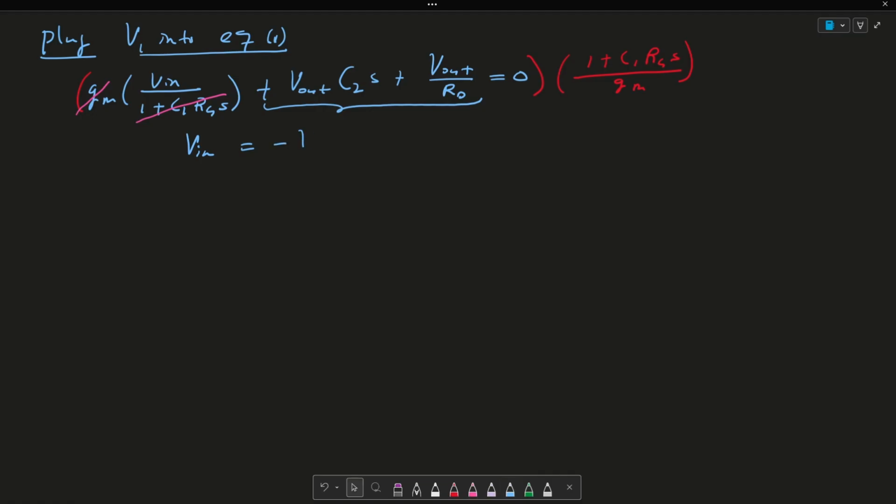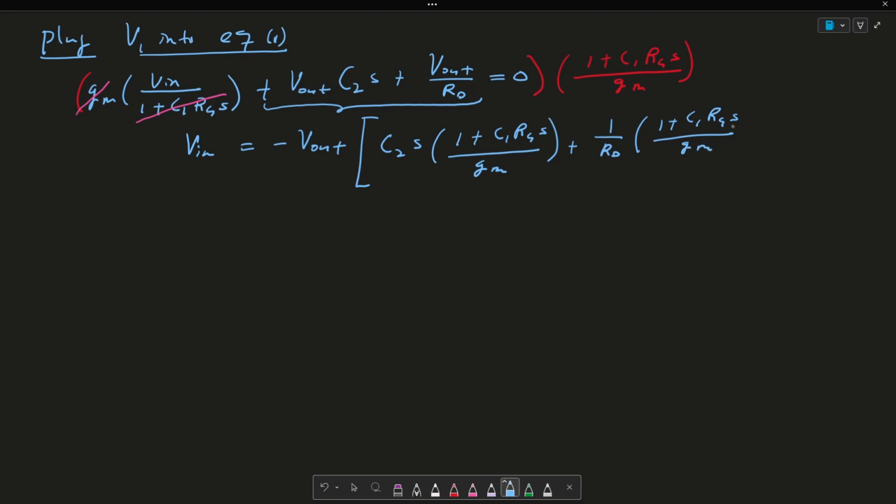So it's going to be minus V out times C2S times 1 plus C1 RGS over GM plus 1 over RD times 1 plus C1 RGS over GM. And essentially I want to get a common denominator to be RDGM.